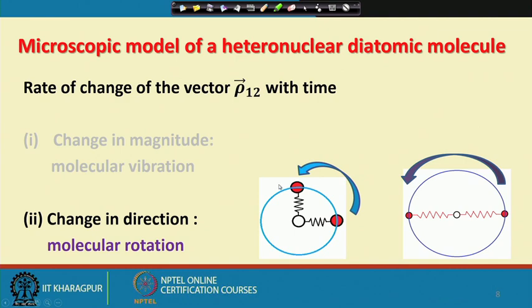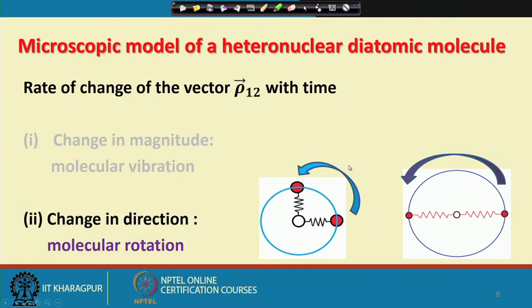So, basically what will happen is that the bond will stretch and go like this or go like this. The time they require to do this is, let us say, some time t, but while they are here, before they can start compressing or expanding further, the molecule can rotate.